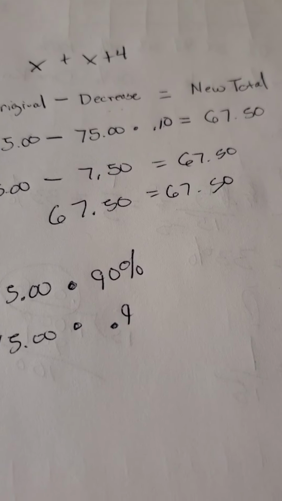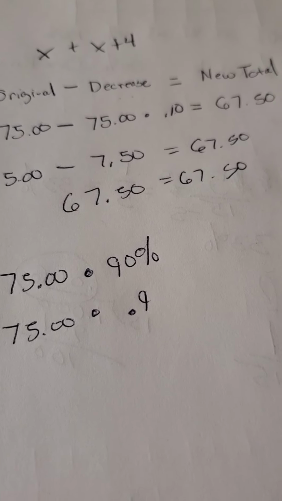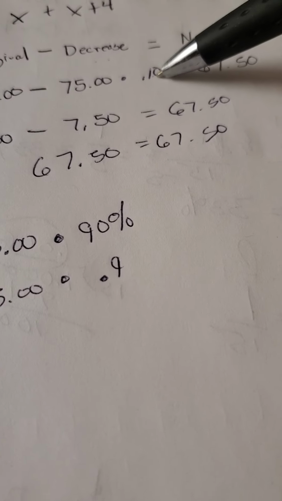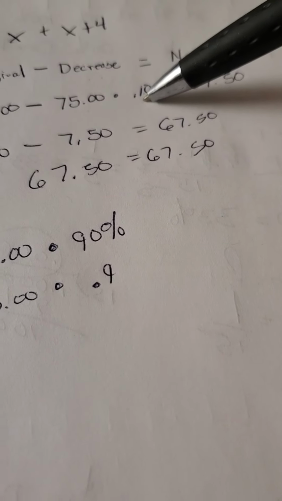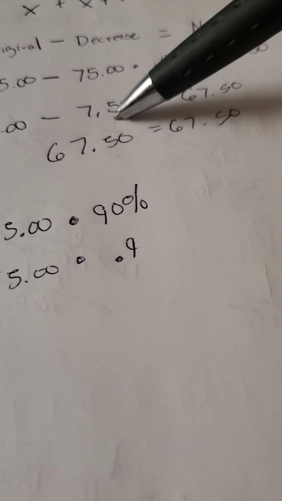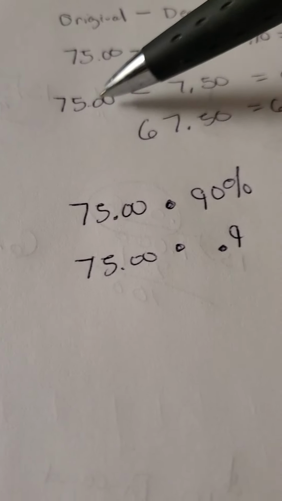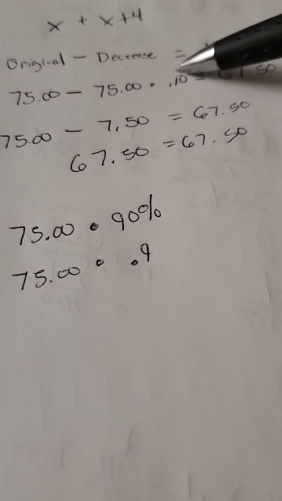So up here, we get the 10%, the amount of the decrease. We multiply the whole by the percentage of decrease, which gives us the amount of decrease, and then we have to subtract it. But a shorter version is, instead of multiplying by the percentage of the decrease, let's multiply by the percentage that's left.